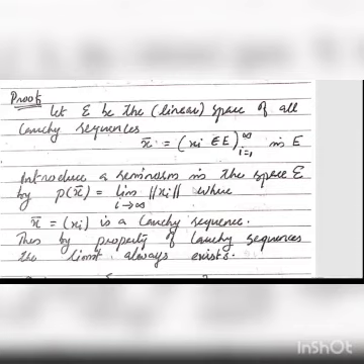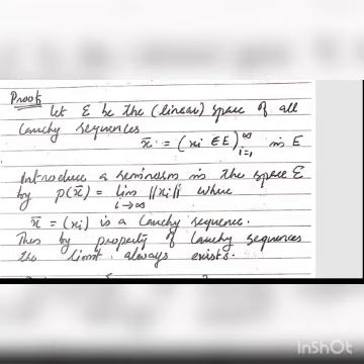Introduce a semi-norm. What was a semi-norm? A semi-norm is what we get by avoiding the condition that norm of x equals 0 if and only if x equals 0. When you delete that condition from your norm definition, you get a semi-norm.